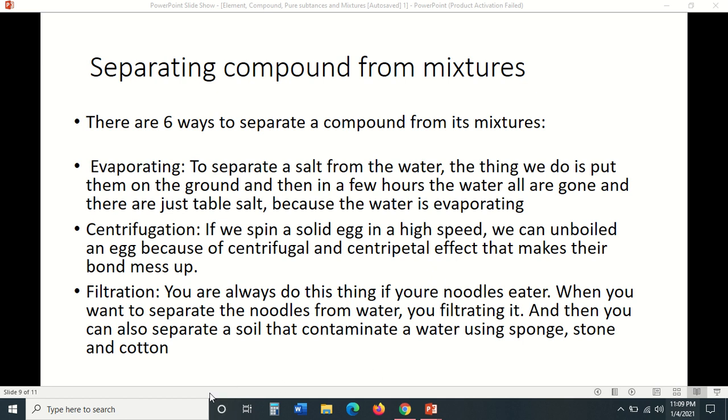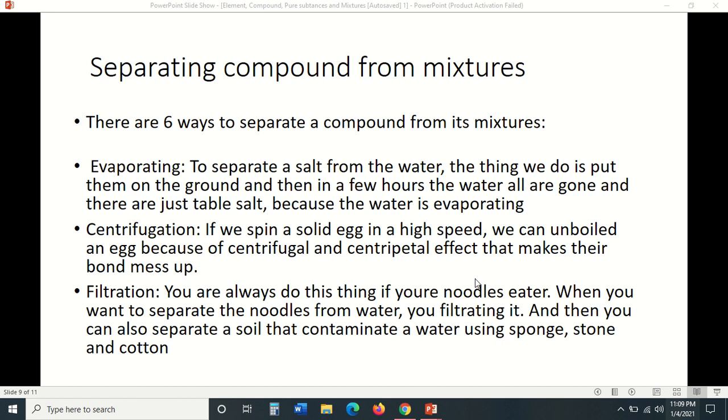The compound that is left behind is called residue, and the water can get through the sponge, stone, and carrot. After getting through these three, it can become pure water.